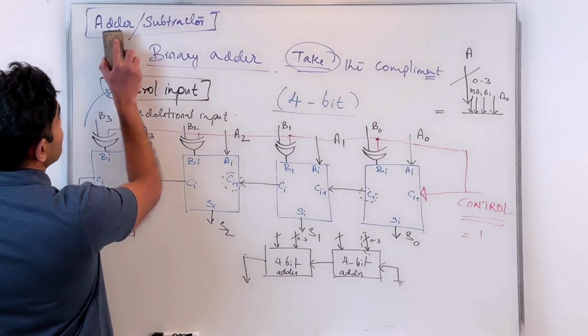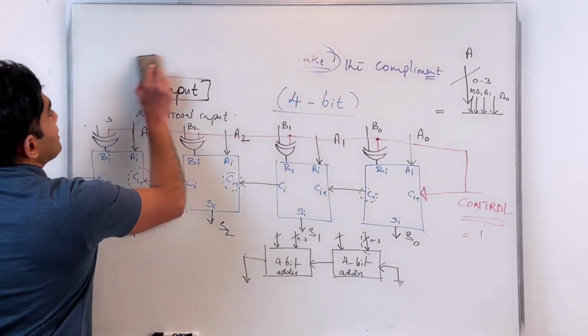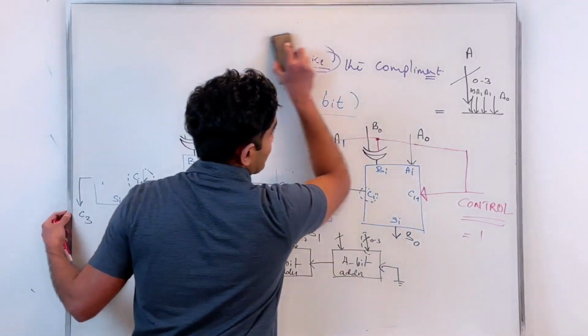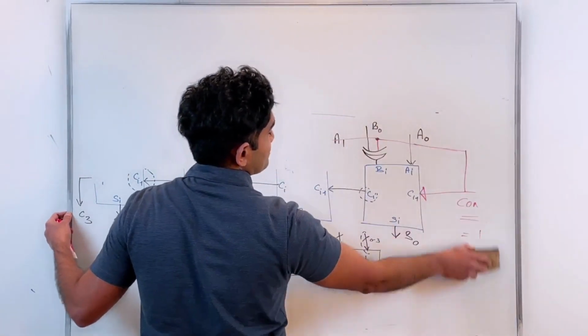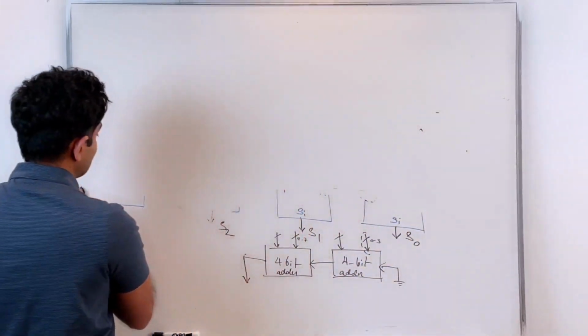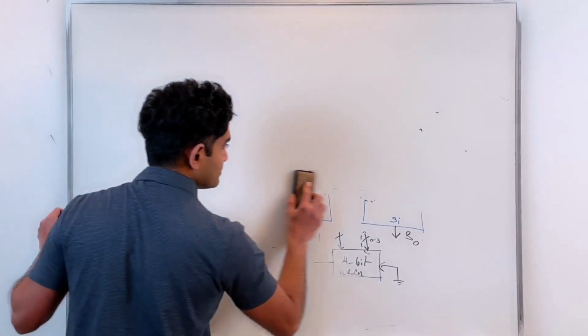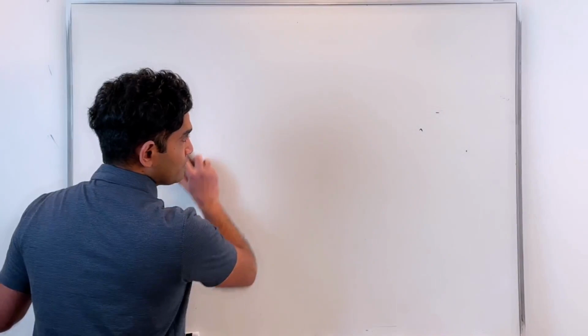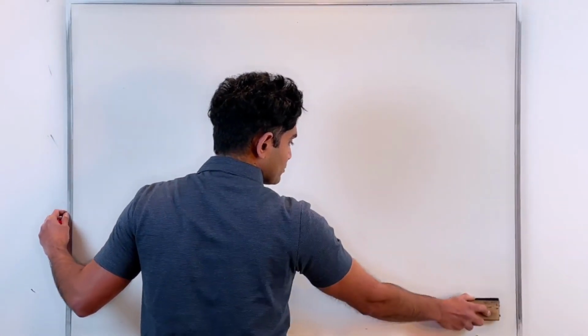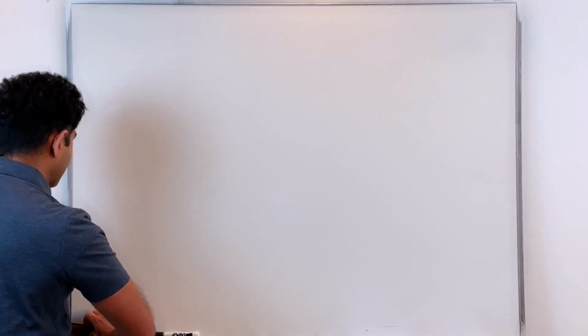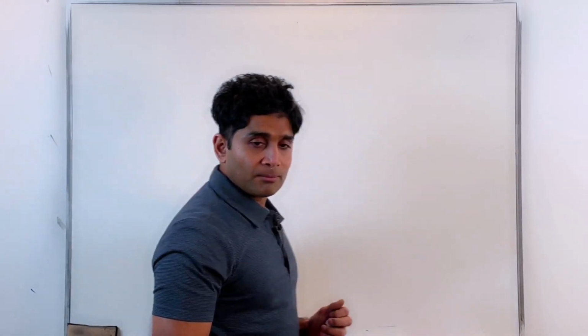So now let's actually try to design a decimal adder. So now we have designed a binary adder. Let's start designing a decimal adder. So that will be our next example of modular design.